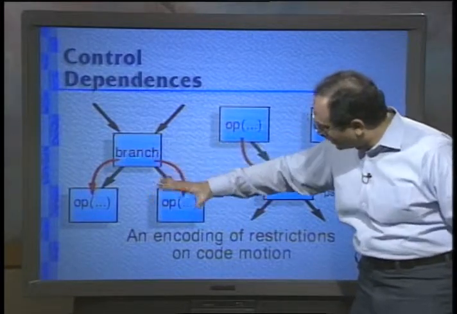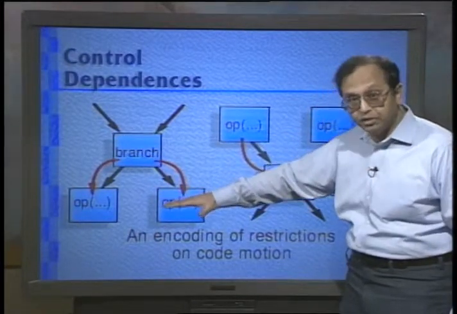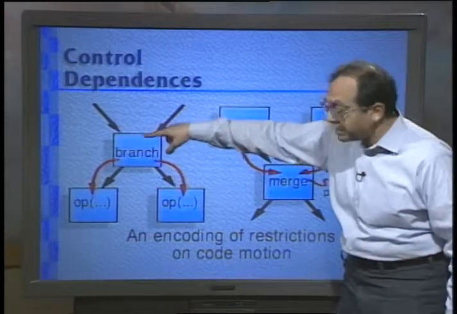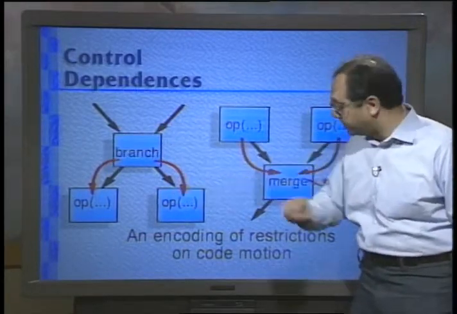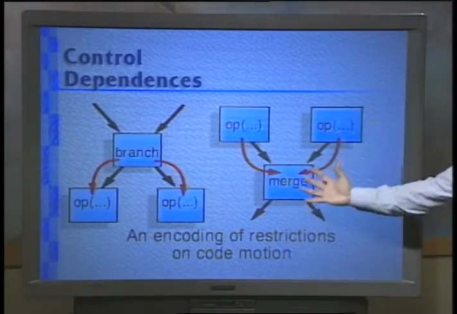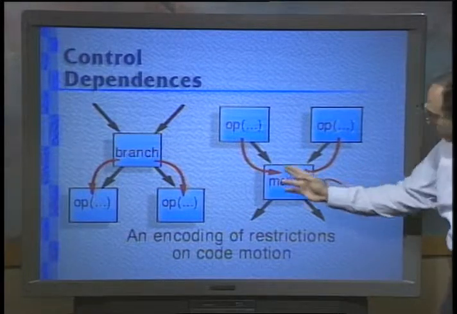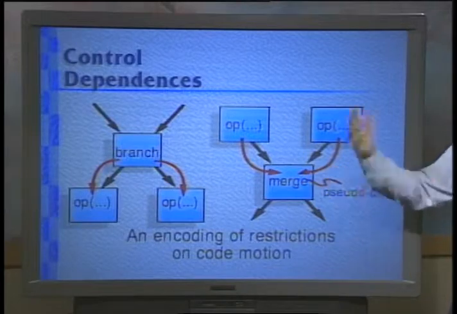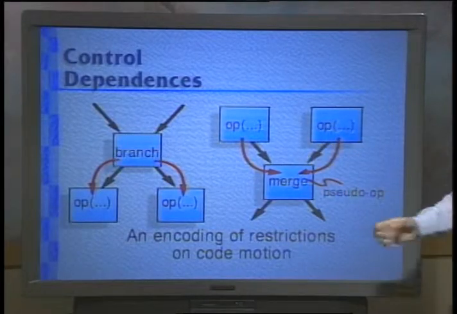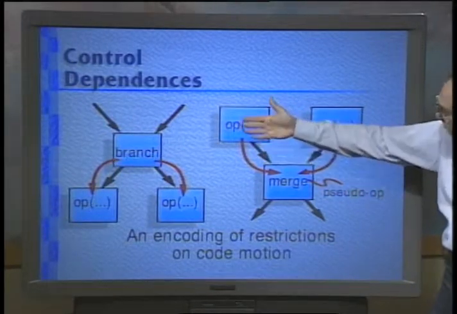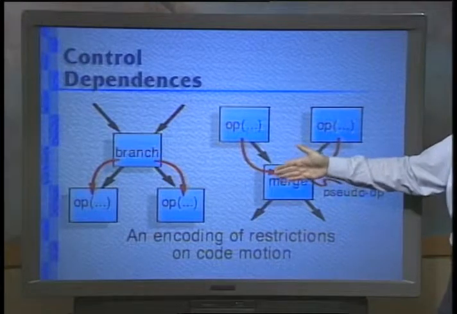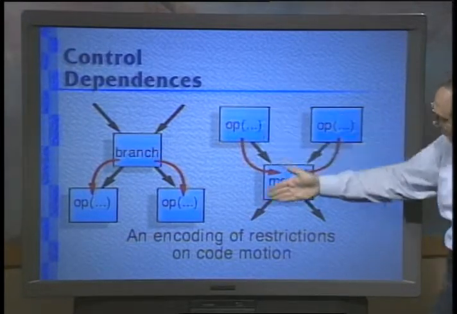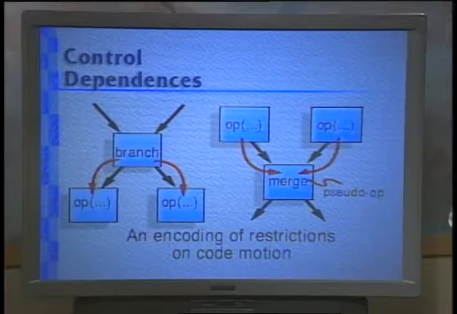And so it holds this operation down below the branch and prevents the speculative code motion that we saw earlier. Likewise, in the case of a merge, we can hypothesize a pseudo operation called a merge pseudo operation, which won't show up in the actual executable code, and draw control edges from these operations to the merge. And again, this will prevent the operation from moving down below the merge.